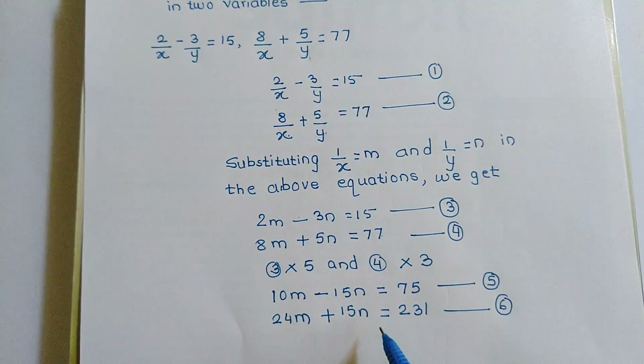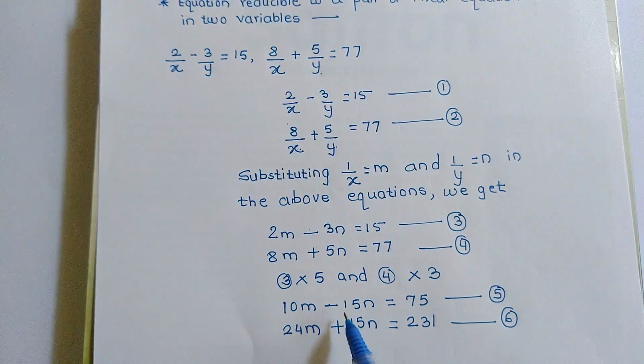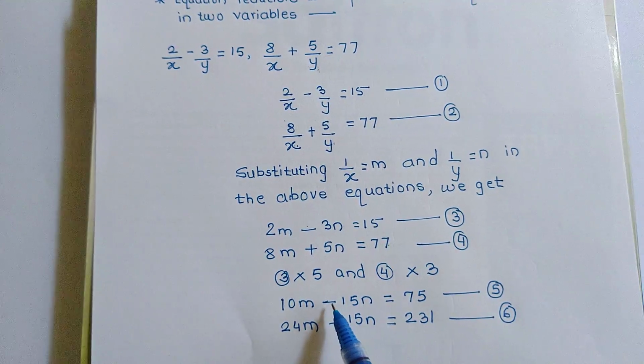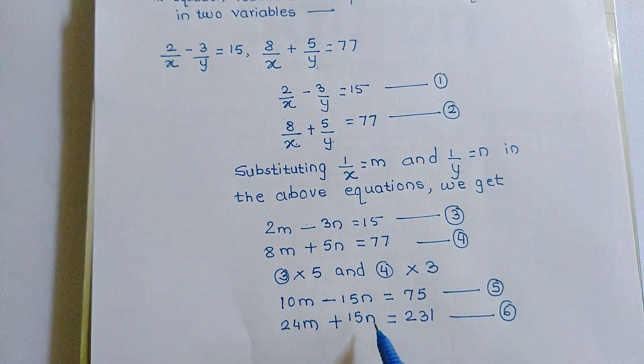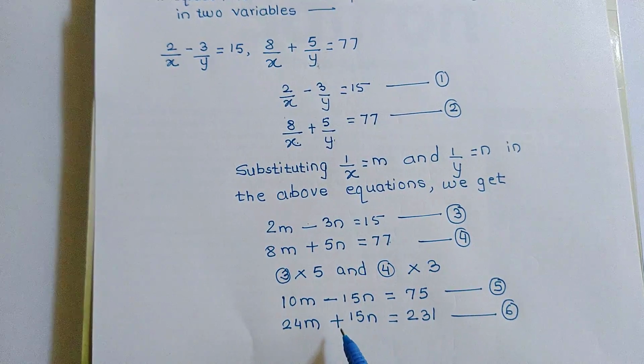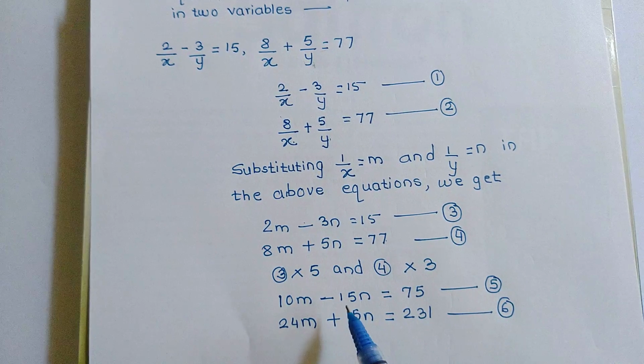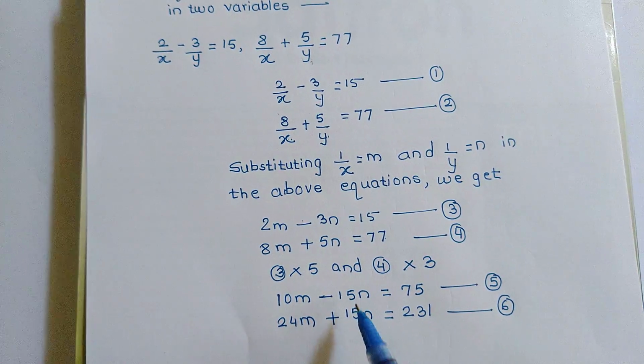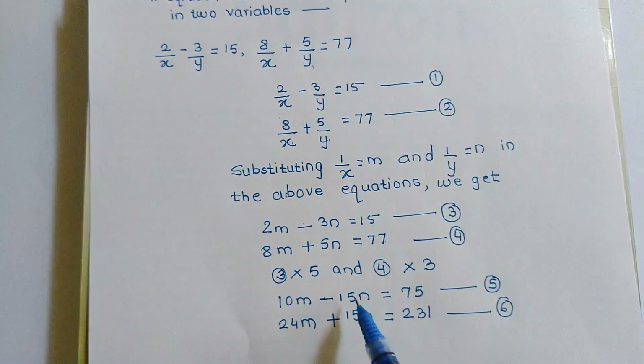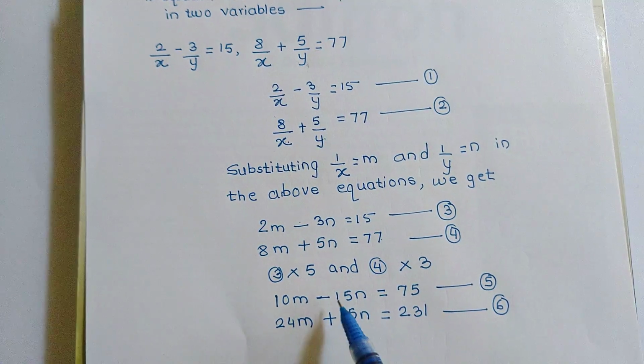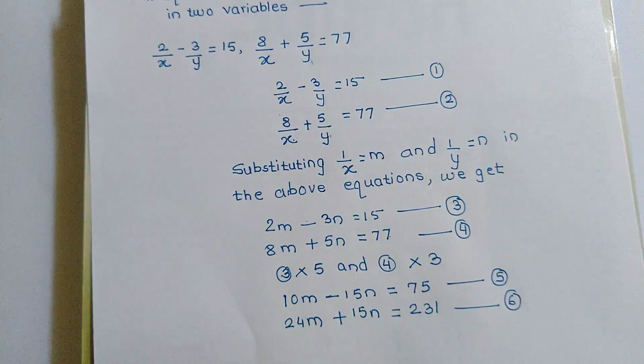Next step is to analyze the signs. Sign of variable n in equation 5 is negative and sign of variable n in equation 6 is positive. That is a pair of opposite signs. We know when variables whose coefficients are equal have opposite signs, we perform addition.